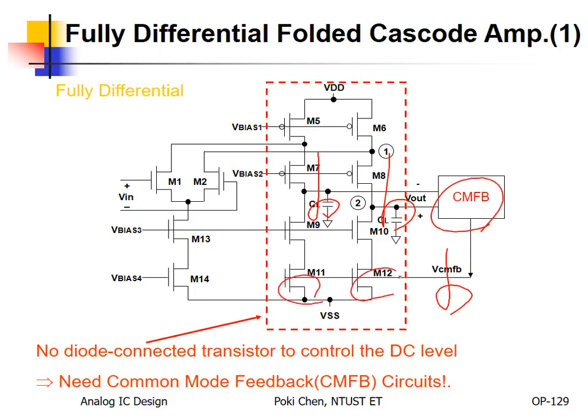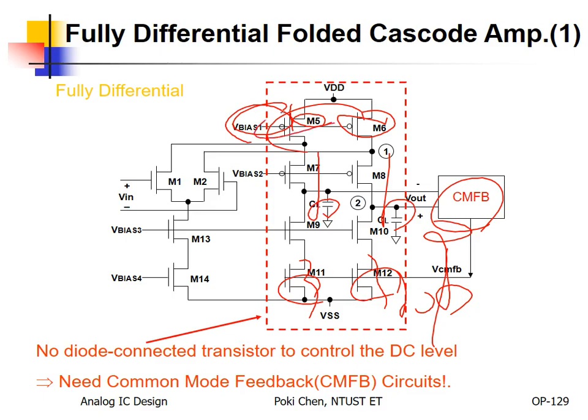It means M11, M12, the VGS become much smaller. It has a lot of output resistance, right? And the current actually flows, the bias controlled by the current redirector, I told you already.